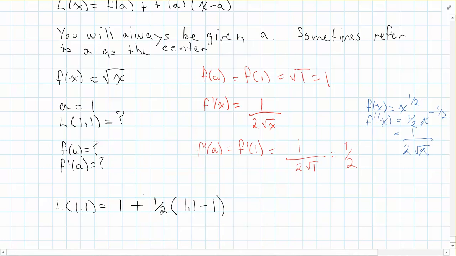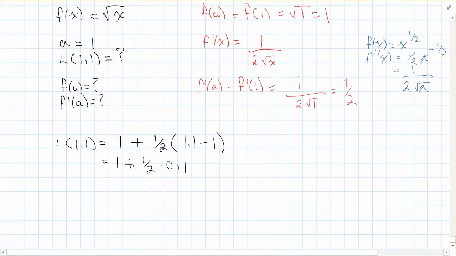So I have 1 plus 1/2 times 1.1 minus 1. So this is equal to 1 plus 1/2 times 0.1, which if we do that, we get 1.05. So what we're saying here is that the square root of 1.1 is approximately 1.05.